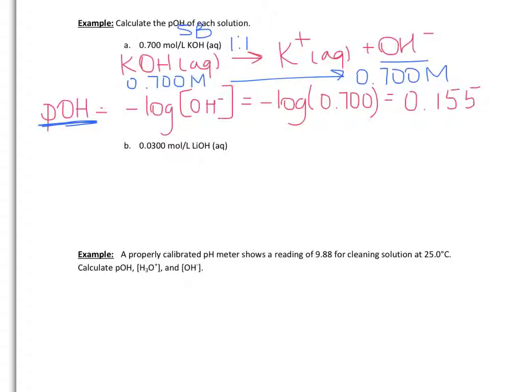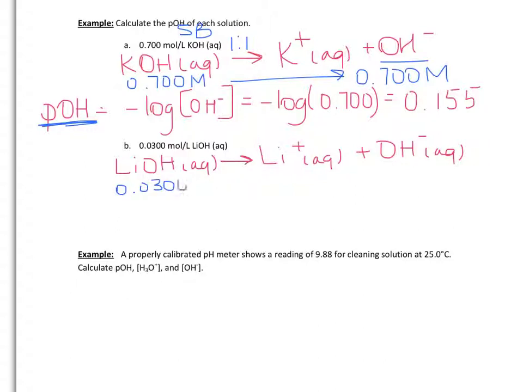Let's look at lithium hydroxide. You should also see that lithium hydroxide is both an ionic compound and a strong base. It's a strong base because it contains the hydroxide ion. Therefore, it's going to dissociate out 100% into its ions. We were told that lithium hydroxide has a concentration of 0.0300 molar.